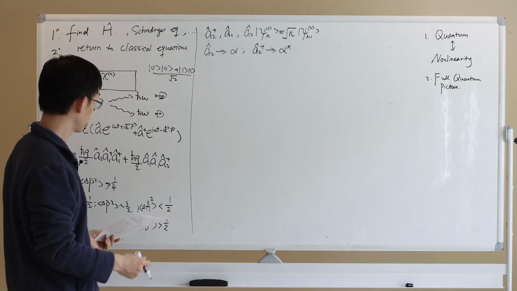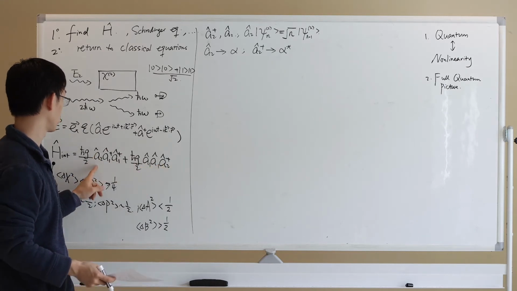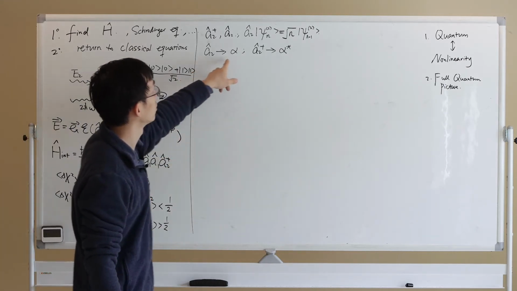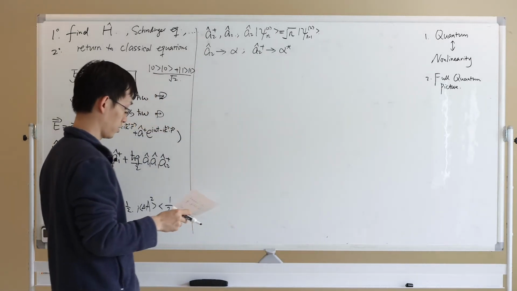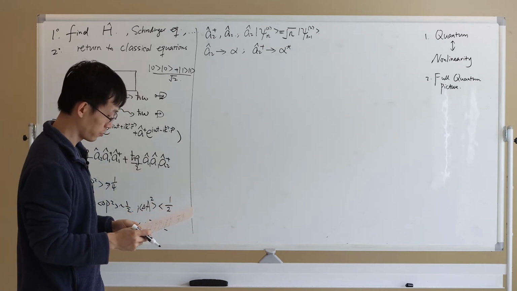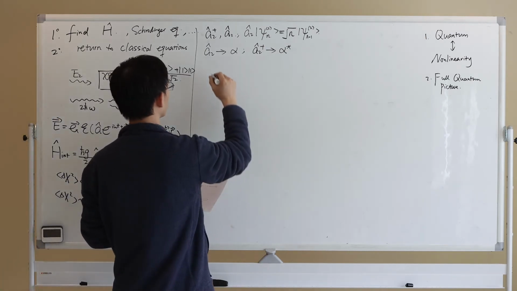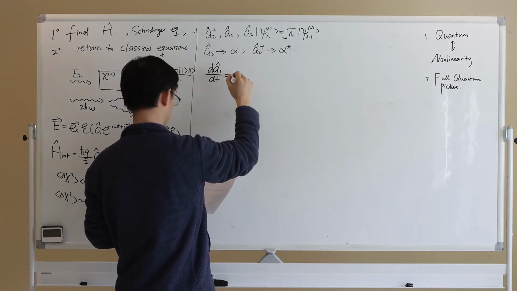So if you do that, you can replace the A2 operator and the A2 dagger operator with numbers, and then you plug into the equation of motion for the interaction picture. Then what you get is dA1 dt.